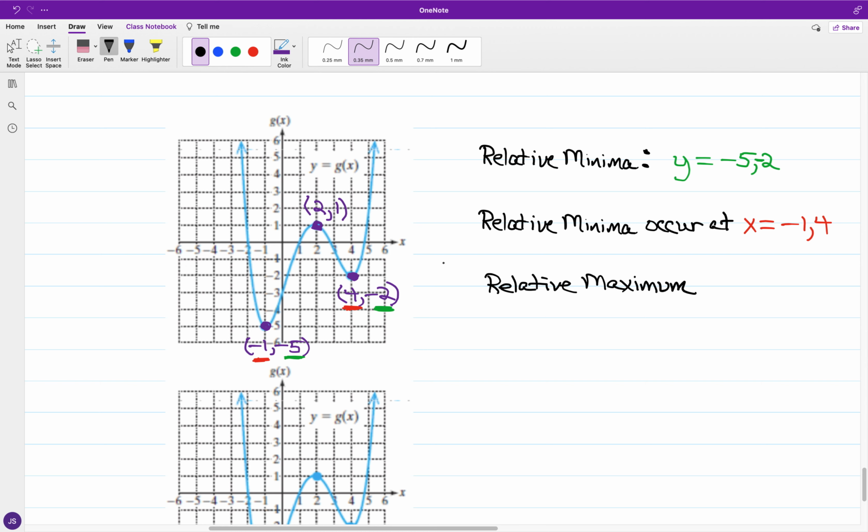Where it has maxima is the x values. What is the minimum value? What is the maximum value? It's asking for y. And when the wording is where it occurs, the problem is asking for the x values.